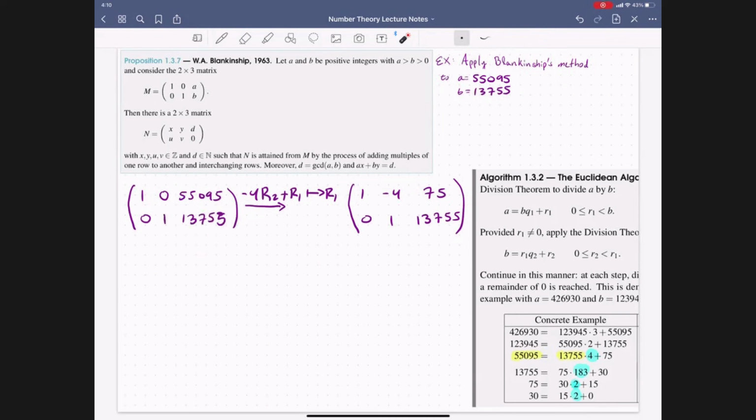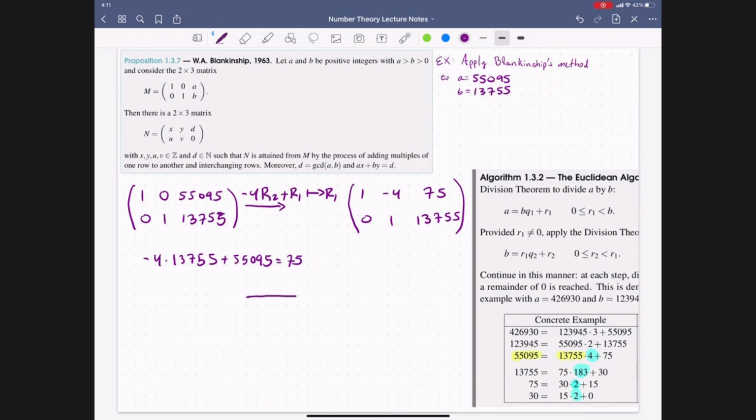So let's see what we just did. We multiply negative 4 times 13,755, and then we're adding it to 55,095. But what we are really doing is just bringing this over to the left-hand side. So we're getting back 75. And that's really the key to Blankinship's method. So we have 75 there.